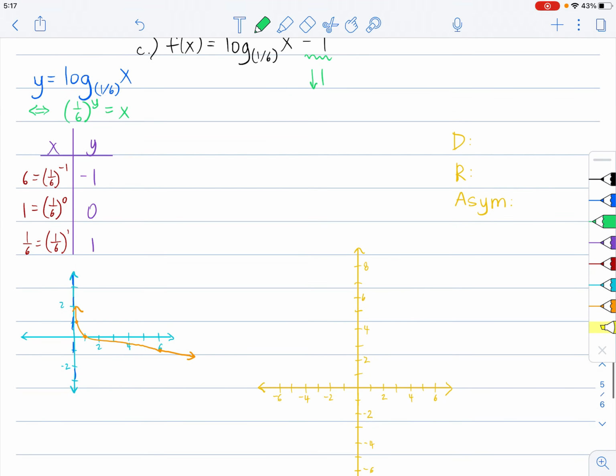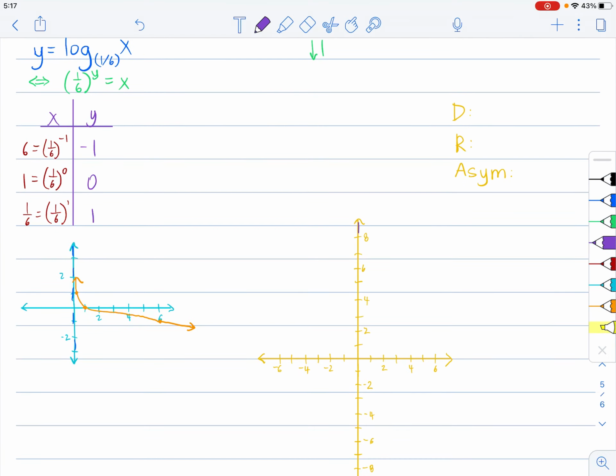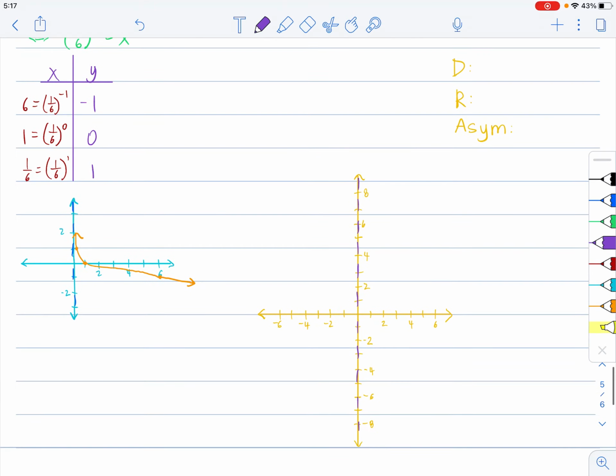So that means that my vertical asymptote hasn't moved at all. It is still at x equals 0 because I want to graph my vertical asymptote and what was my 1, 0 point first. So my vertical asymptote is x equals 0 still.